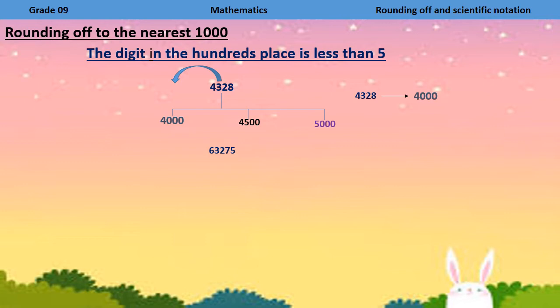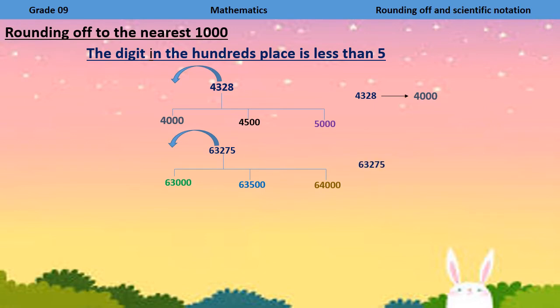63,275. Here 2 is the digit in the hundreds place. Then 63,275 is in between 63,000 and 64,000. Mid value is 63,500. So you can see this number is closer to 63,000.